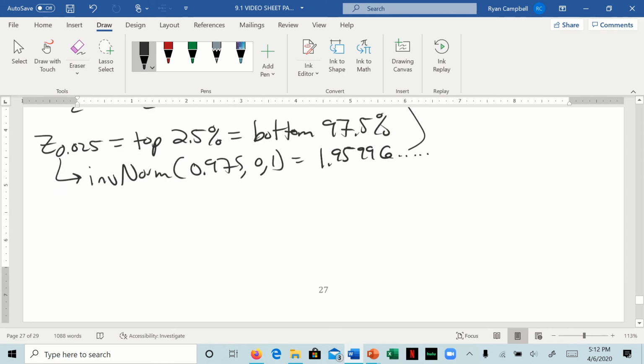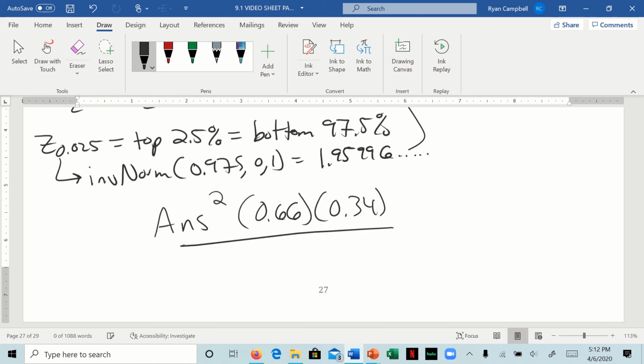So all you need to do is just hit the square button. So in your calculator, you should say answer squared, and then you can multiply that by p-hat, which is 0.66, multiply that by q-hat, which is 0.34, and then divide by 0.03 squared, and that should give you your answer.